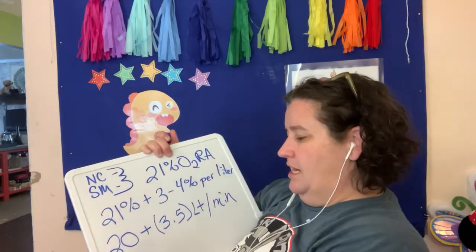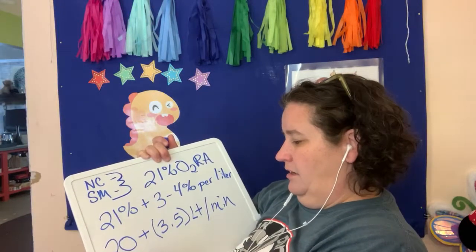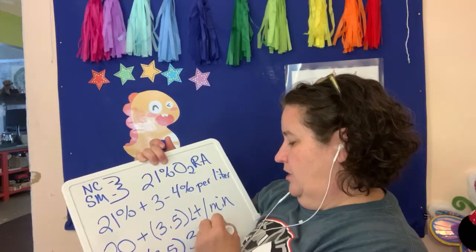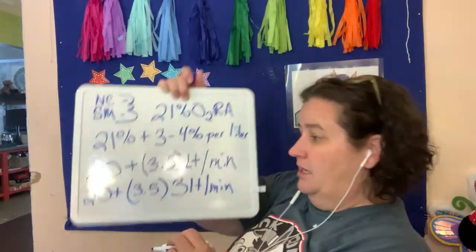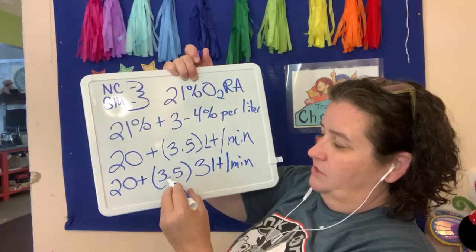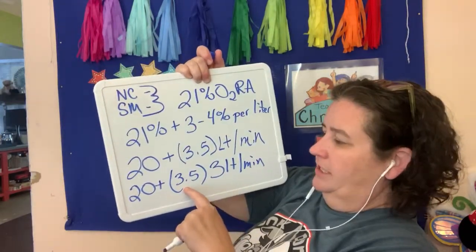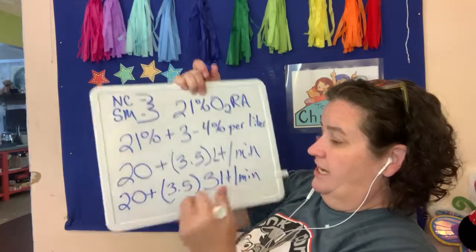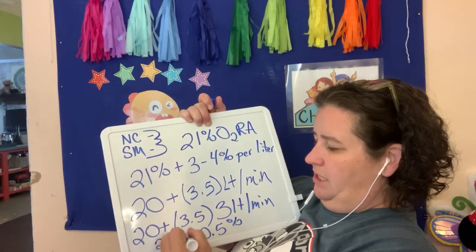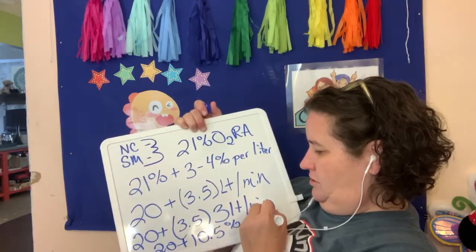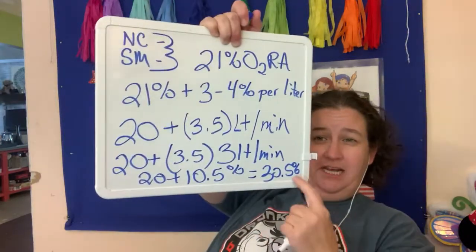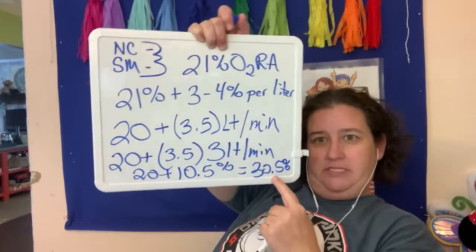So if we had somebody on a 3-liter nasal cannula, their FiO2 would be 3 times 3.5, which is 10.5. 10.5% plus 20 equals 30.5%. So that person's getting about 31% FiO2. That's how you estimate that.